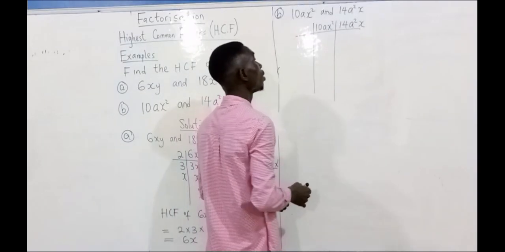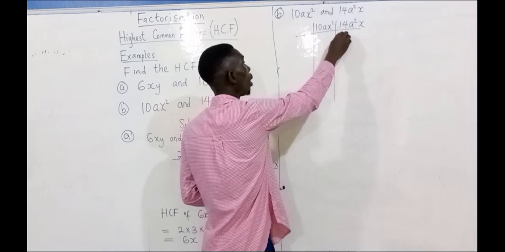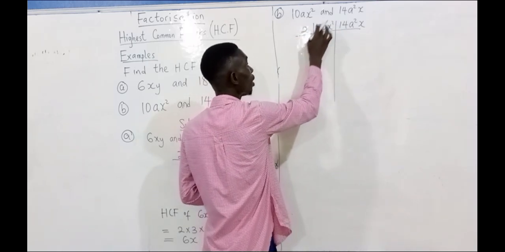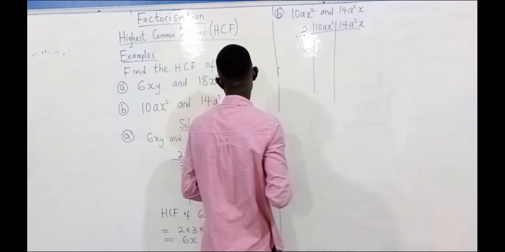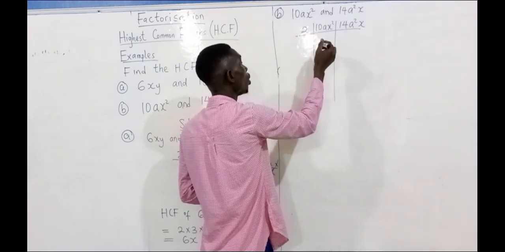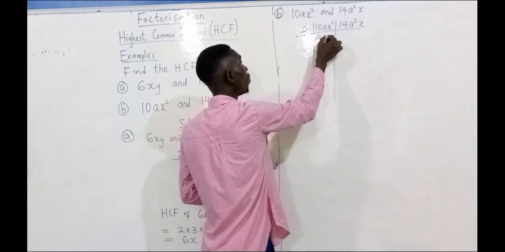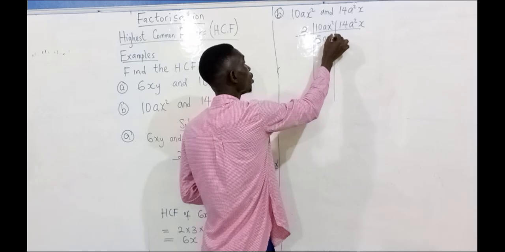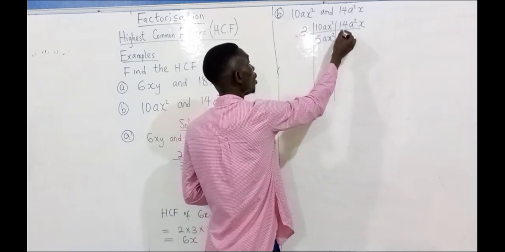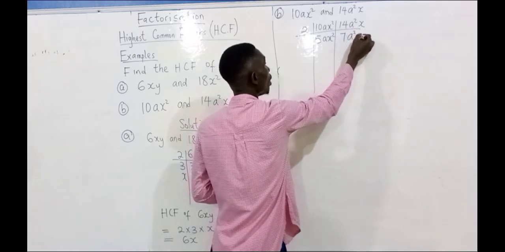So we look at the two terms, what can divide them at the same time. We use 2, which can divide 10 and also divide 14. So 10 divided by 2 is 5, and then we have ax squared. And 14 divided by 2 is 7, and then we have a squared x.